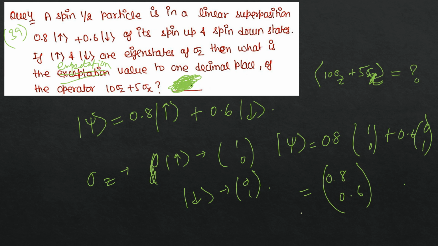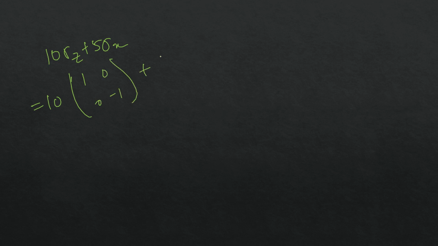Okay, so now what? Yeah, let's write this one: 10 sigma z plus 5 sigma x. Put in the matrices. Sigma z is (1, 0; 0, -1), and 5 into sigma x is 5 times (0, 1; 1, 0).